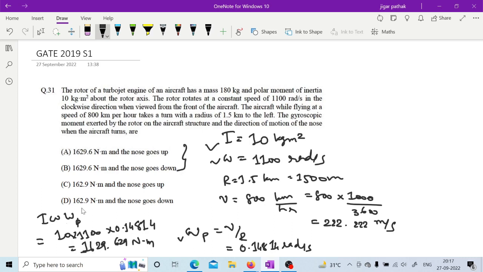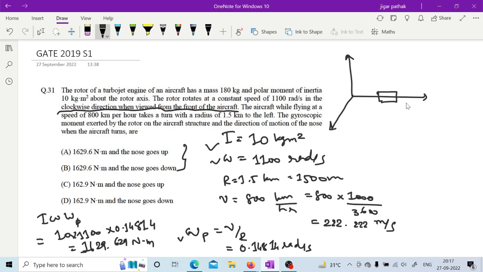Now we need to check what will happen to the nose. Let us see again by this particular given condition. What they have given is you have this aeroplane and the rotating part will be on this axis of spin. The rotor rotates at constant speed, clockwise when viewed from the front of the aircraft.